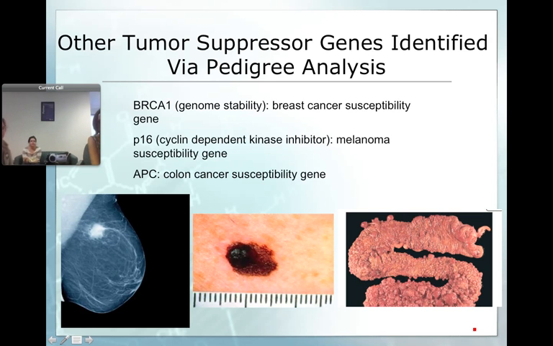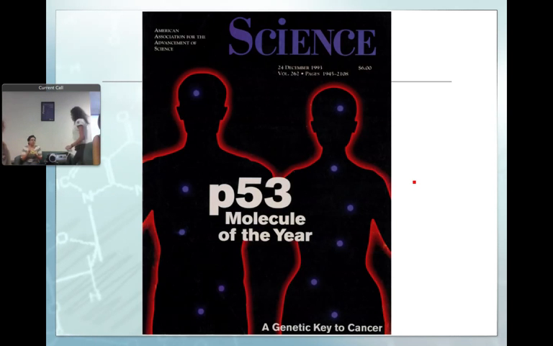Okay, so the next thing we're going to talk about is essentially the superhero of tumor suppressors. This is a cover of Science, and in particular, I'm going to show you an article. Can you see the date for this one? 1993.